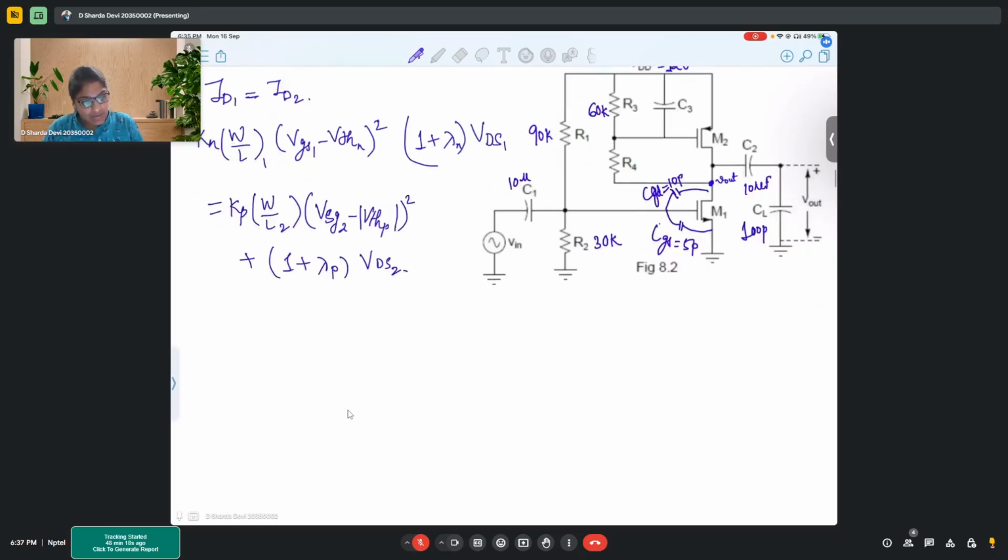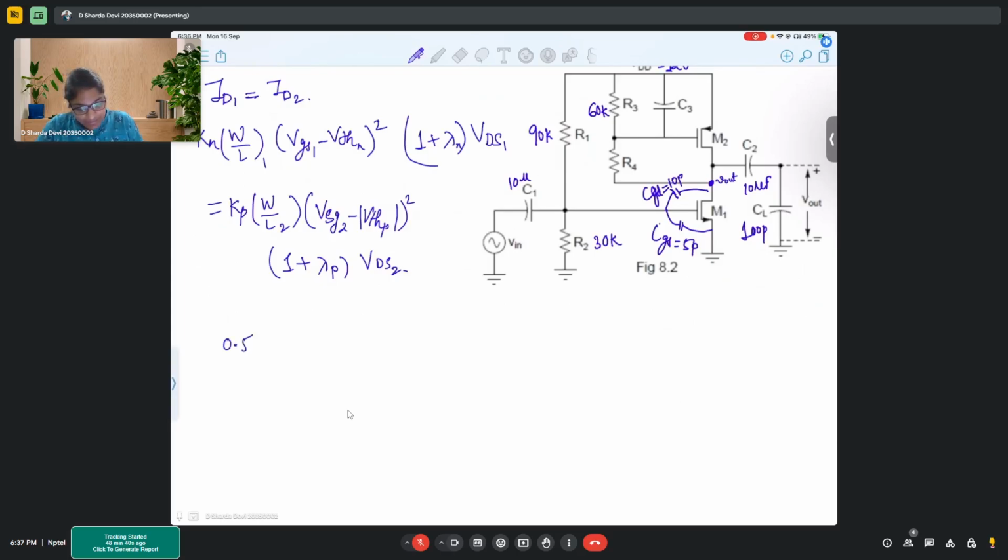I mean, there should be no plus sign before, right? It's 1 plus lambda p VDS2. So bracket 1 plus lambda into VDS, it's a multiplication, right? Yes, 1 plus lambda into VDS, yes.